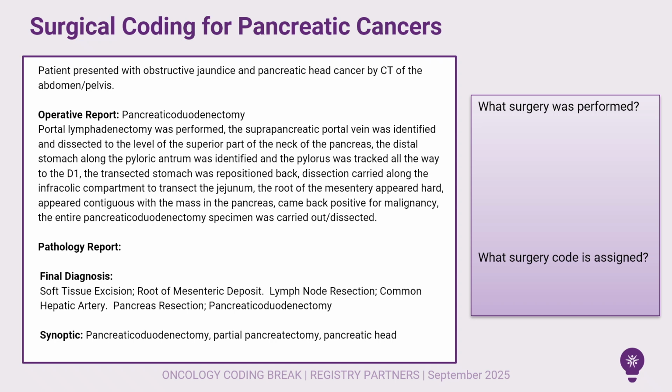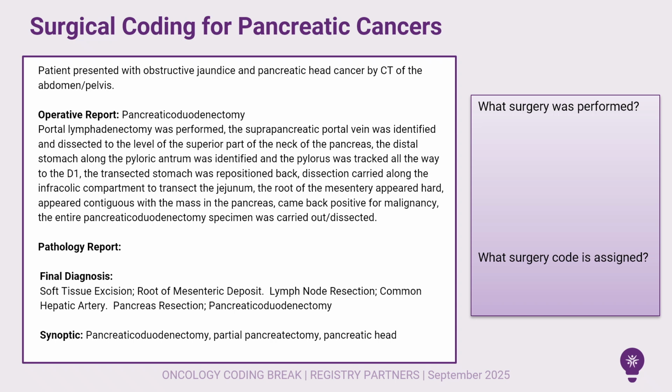Let's take a look at another pancreatic cancer surgery case. The patient presented with obstructive jaundice and pancreatic head cancer by CT of the abdomen and pelvis. The operative report title was a pancreaticoduodenectomy. There was a portal lymphadenectomy performed.